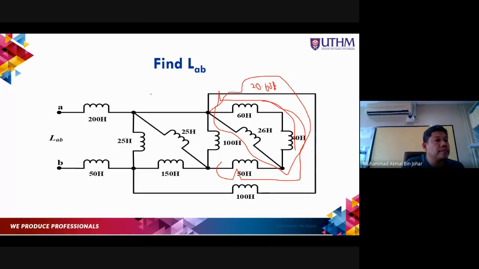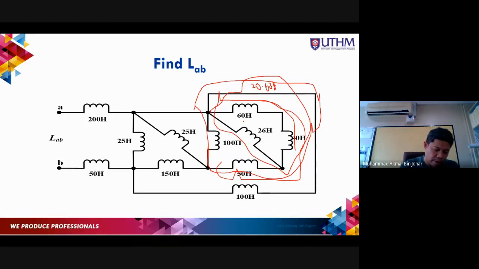Okay. So this all together will give you 41.39. And this, from there, you will get the This is 25.